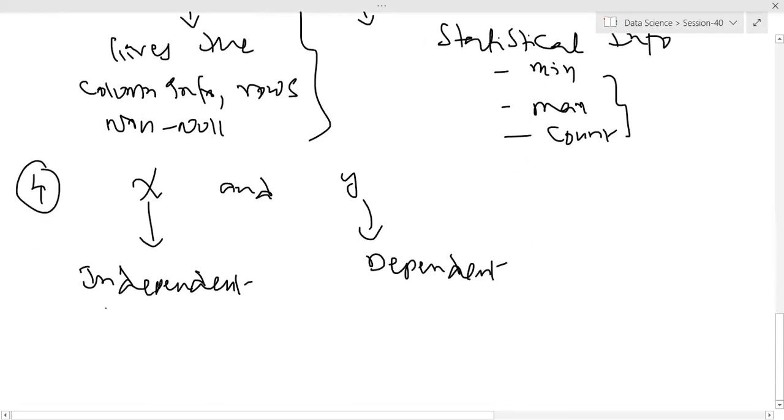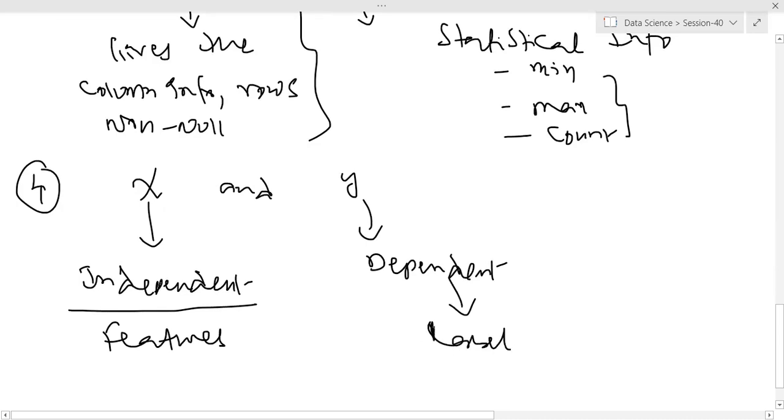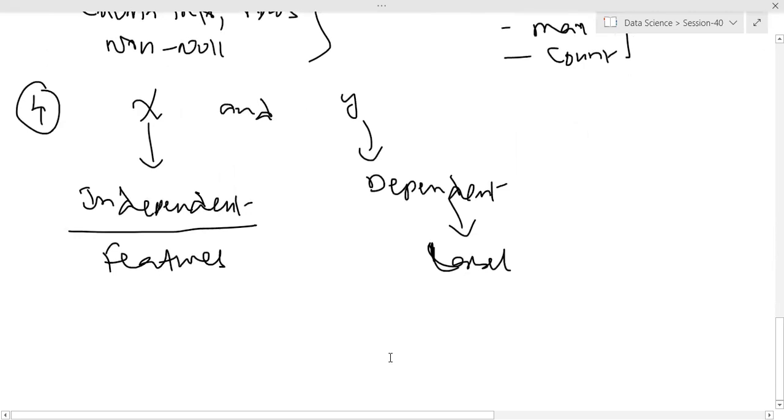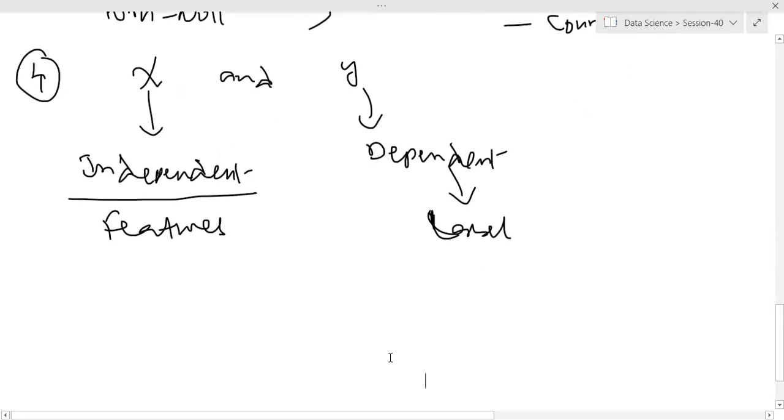By the way, the independent is also known as features, and this is also known as label. There we have seen some strategies. Sometimes we make use of loc, iloc. Sometimes you can mention with the help of subscript. Or else, recently, we are simply mentioning some of the columns and dropping other columns, so that we can follow various ways to separate X value and Y value.